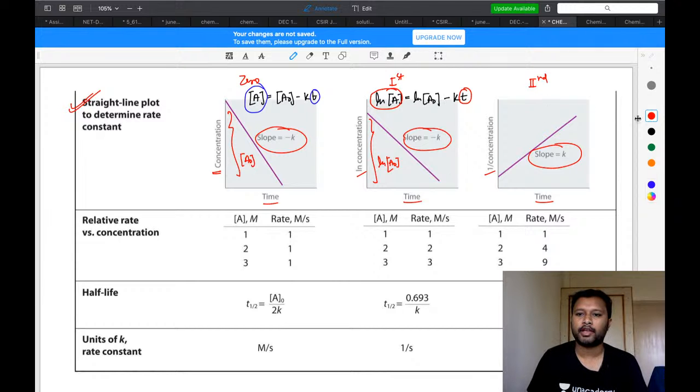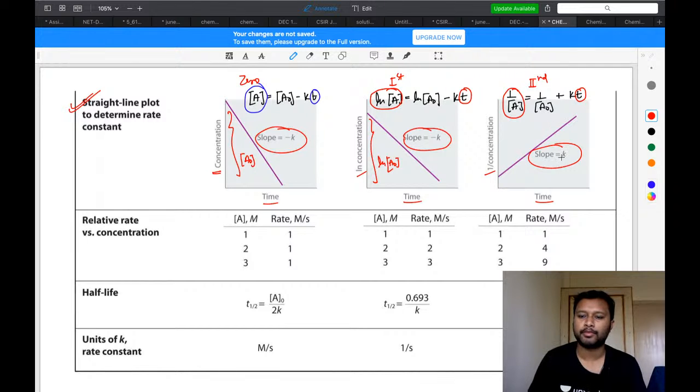The second order reaction is basically, we have seen the equation, it's 1 upon a is equal to 1 upon a naught plus kt. Okay, that's the equation. So we are plotting this 1 upon concentration versus time.